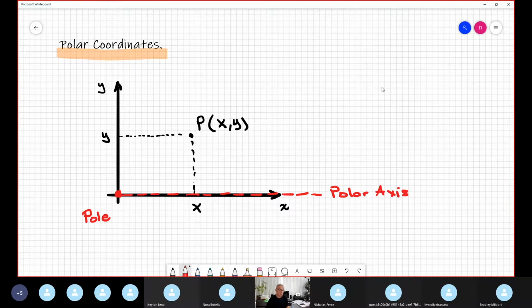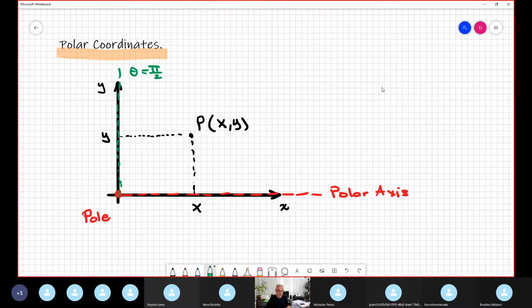Some books also assign another axis here, called theta equal pi over 2, but some books don't.